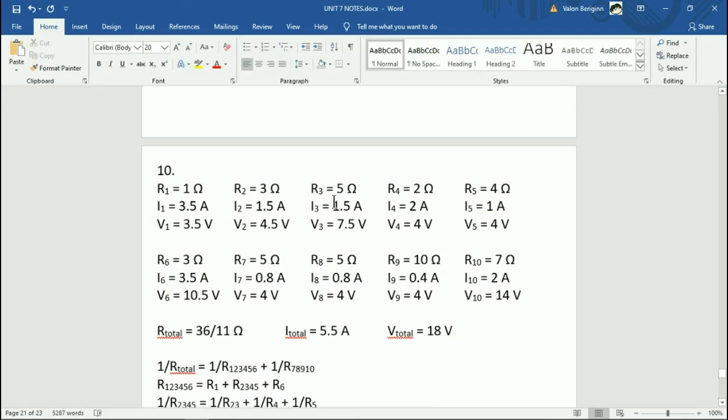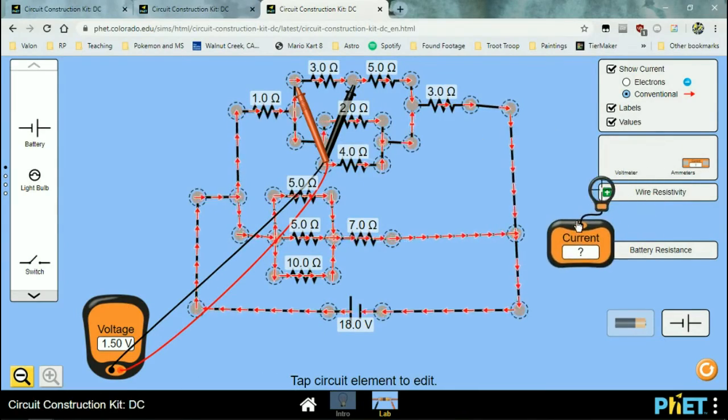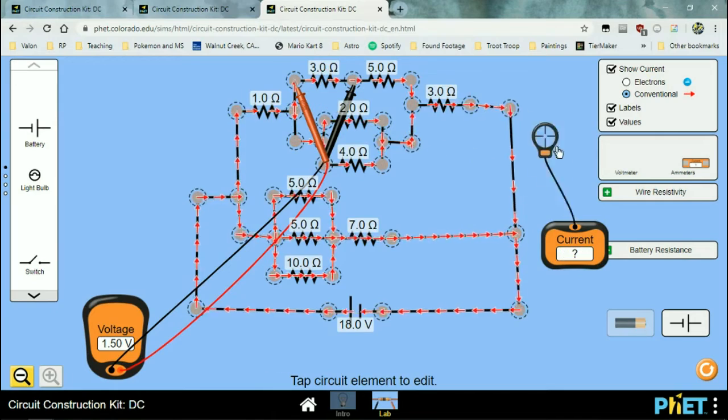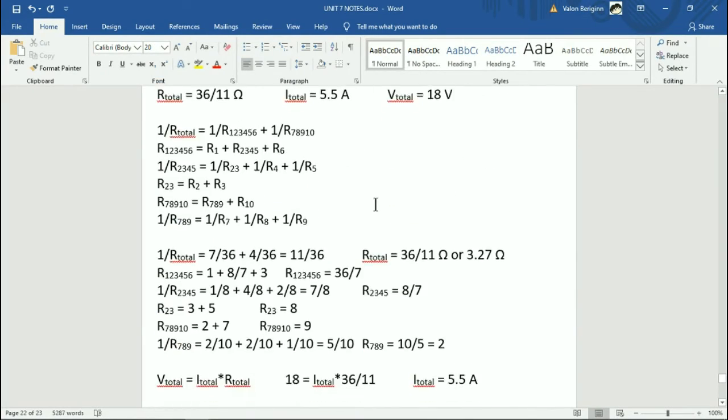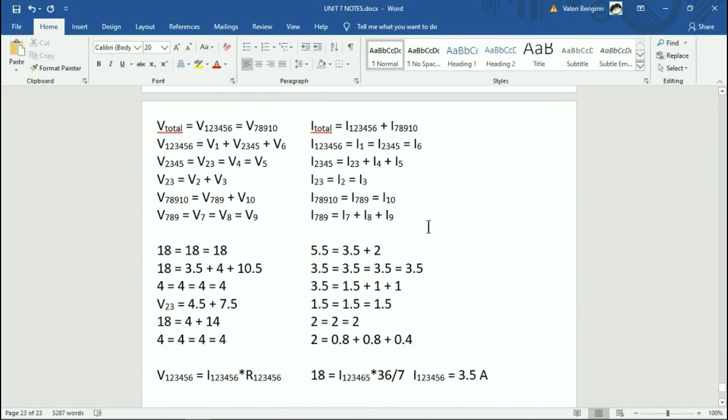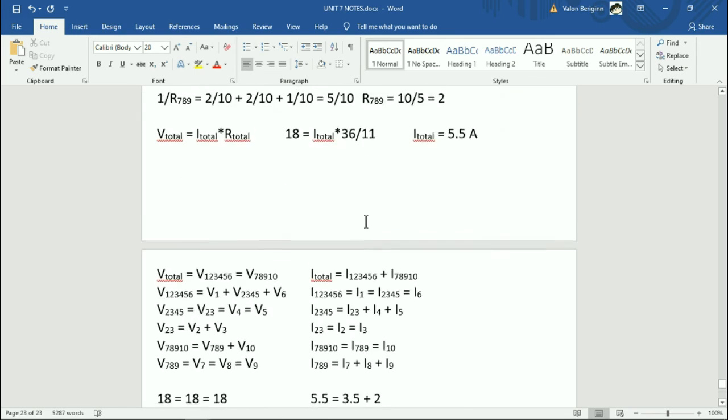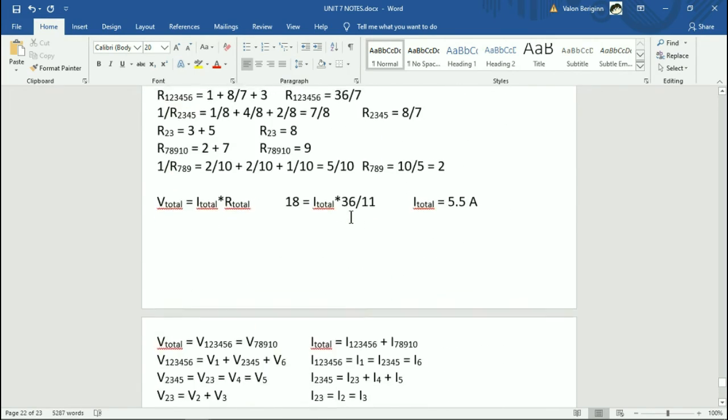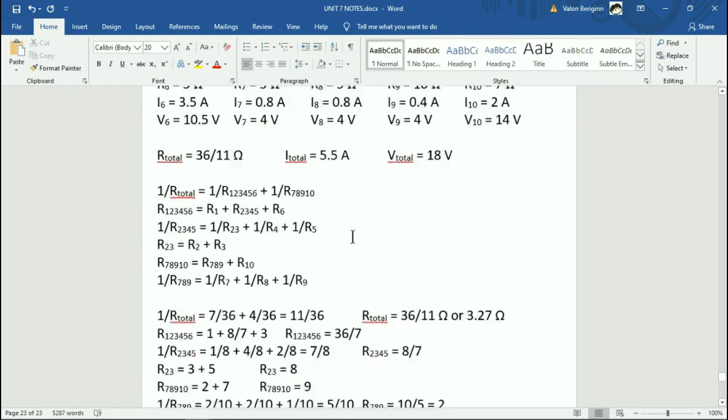Why? Oh, did I just put them in the wrong spot? Wait a minute. Hold on. 0.5. Okay, I think I. Okay, so this should be 0.5.